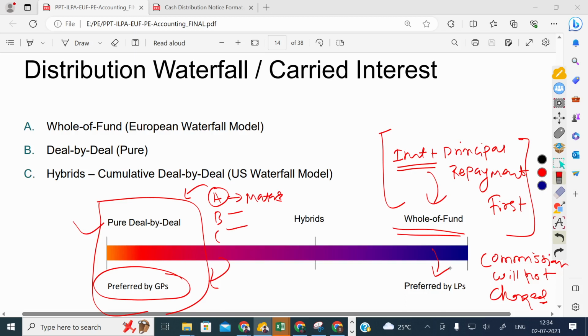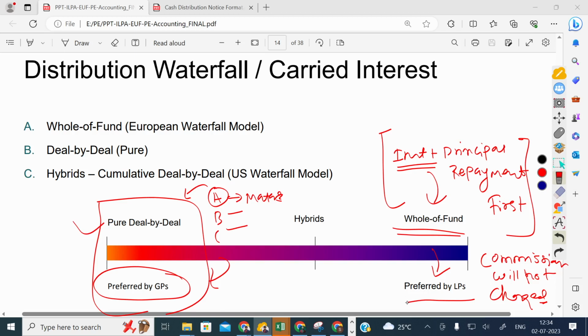So you might expect a question on this part in your interview process. So I would request you to please note down this portion. The whole deal model supports the investor, ensuring the interest payment and principal repayment from across all the deals. Only after that will the commission or catch up be charged by the general partners to the investors.